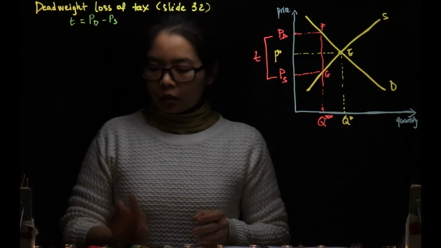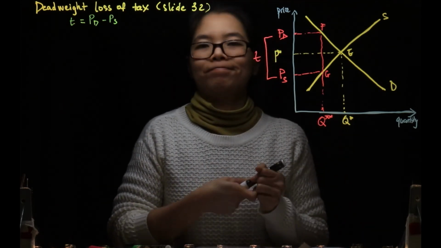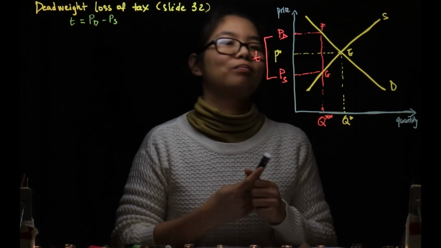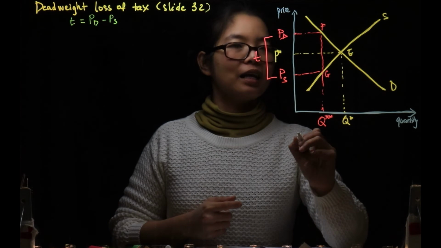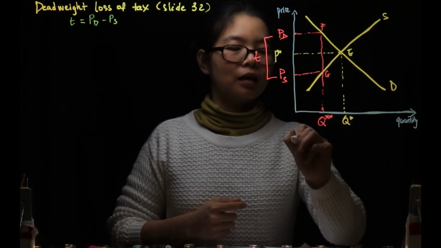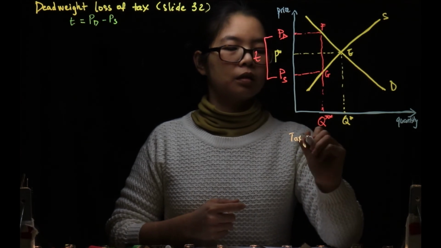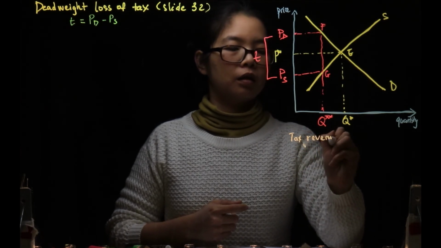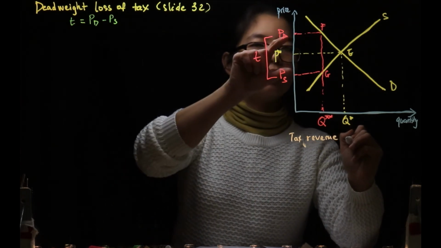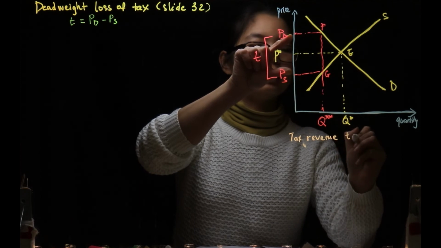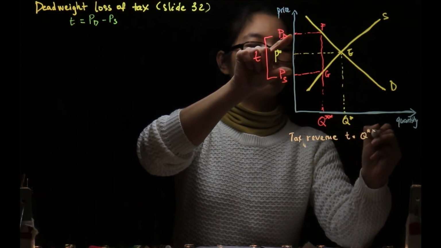Okay, so what we know more or less from introductory macroeconomics is that tax revenue is this T times Q2 star, right?